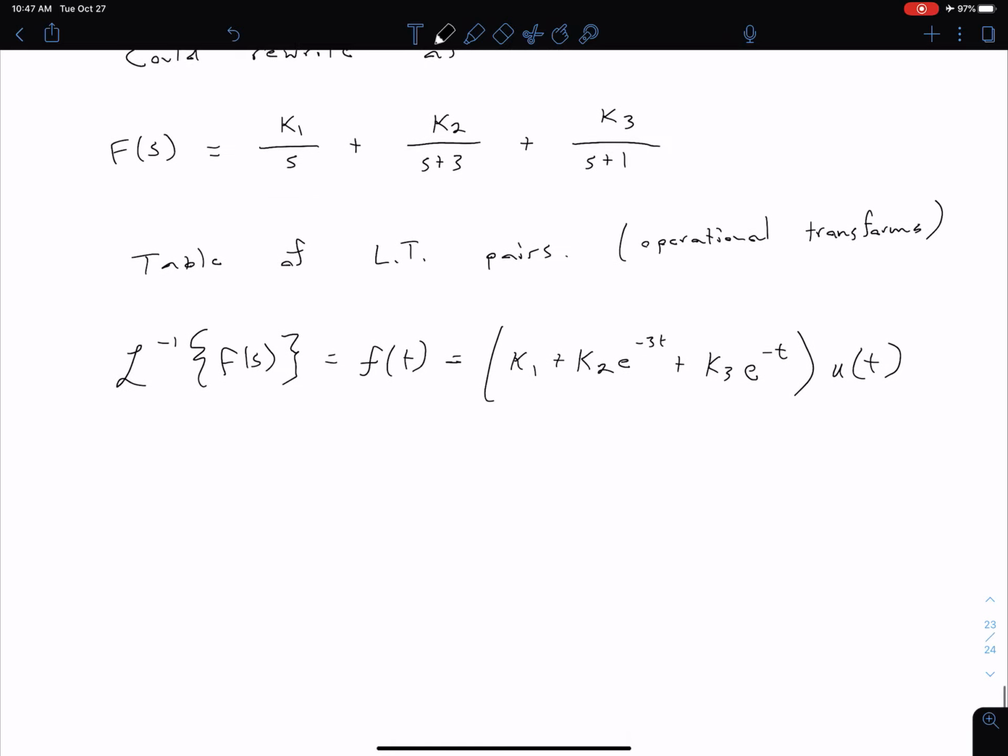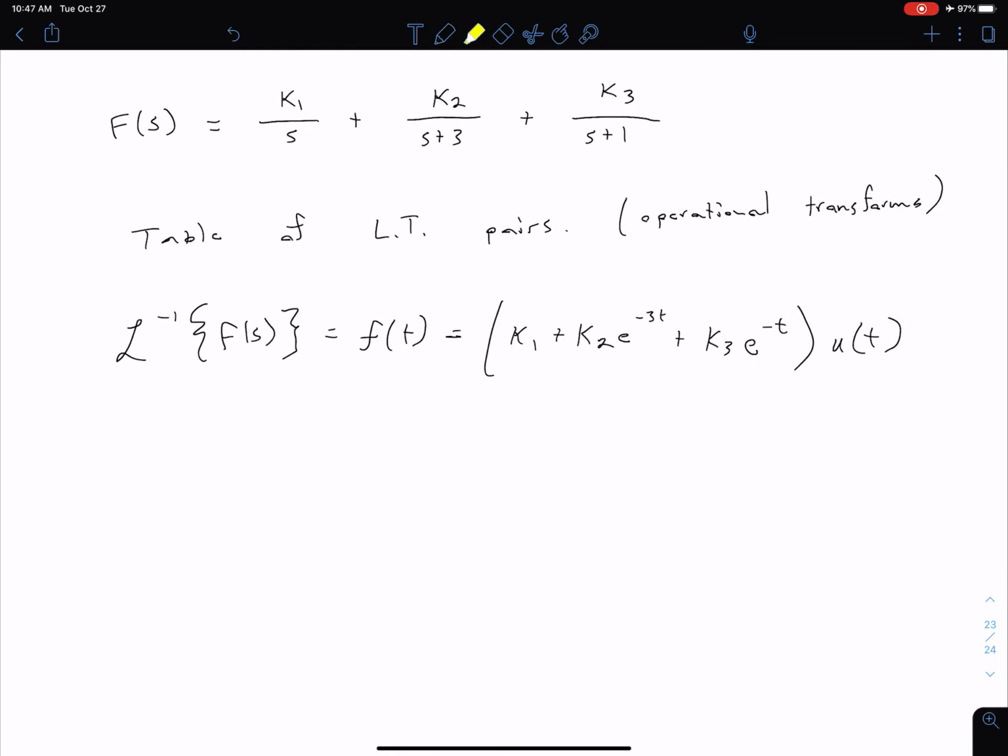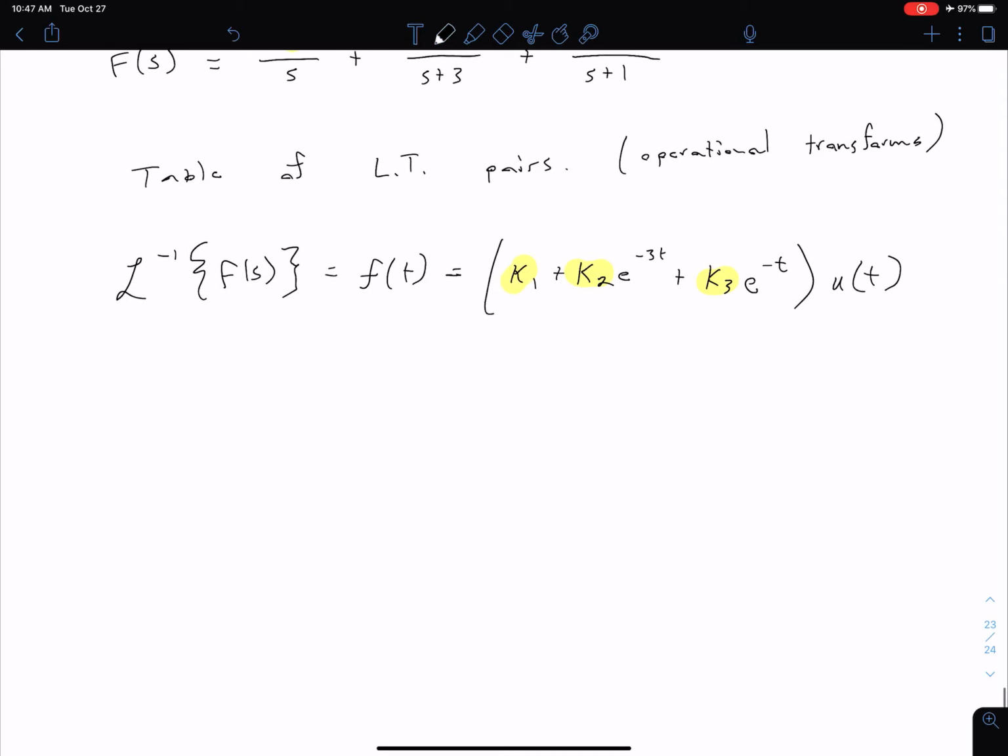So basically all we need to do is figure out the value of these constant terms k1, k2, and k3, and then we could fully specify what this function is in the time domain.